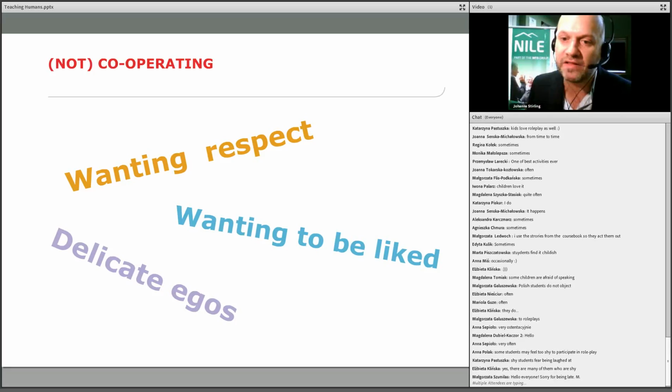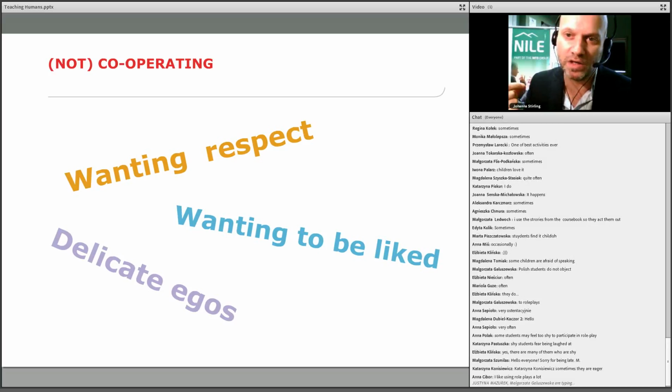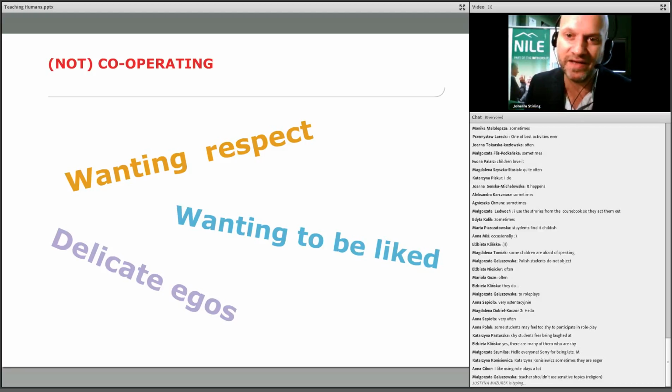I would agree with Anna that some students are shy about participating, but I would suggest that often that shyness is partly because we're not, and I would say in my case, maybe not giving them roles that they can play with their own personality, right?